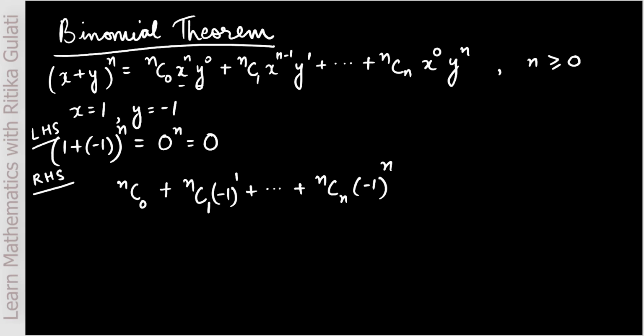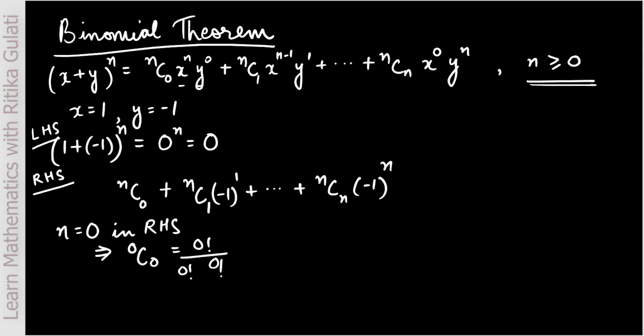So if this is true for all n greater than or equal to 0, if we substitute n equal to 0 in the right hand side, what do we have? 0C0, and since it has to go till nCn, this means it will go till 0C0, which is the first step only. 0C0 is 0 factorial by 0 factorial into 0 factorial.